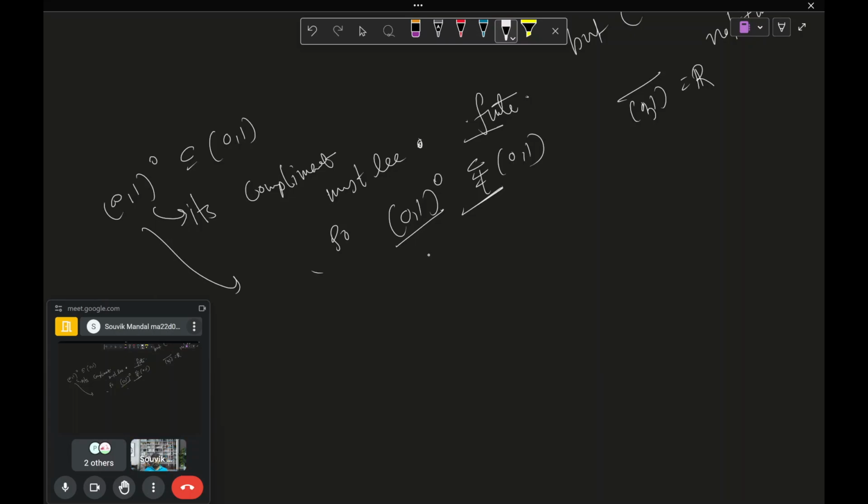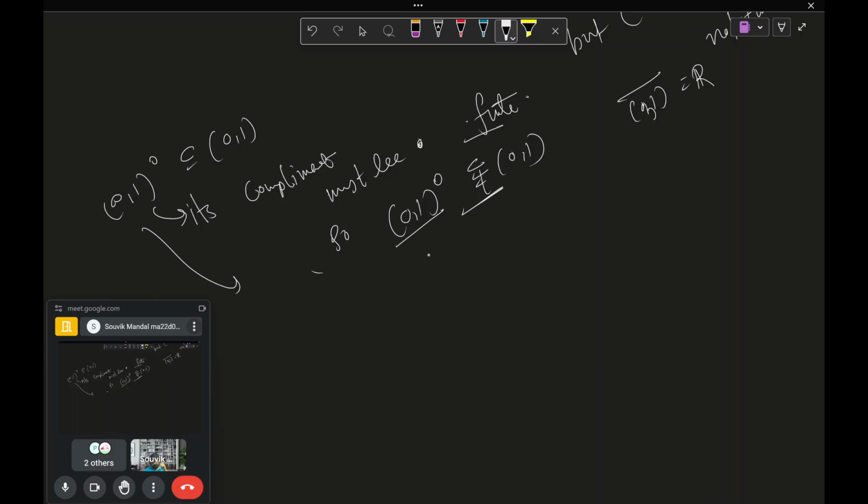Think about it. If you take any open set in R in the cofinite topology, its complement is a finite set. So it can omit only finitely many points of R and has to contain all the other points of R. Any open set will be of this form only.